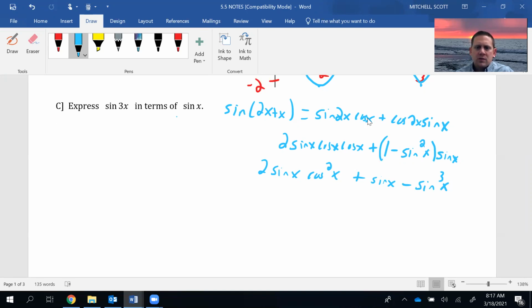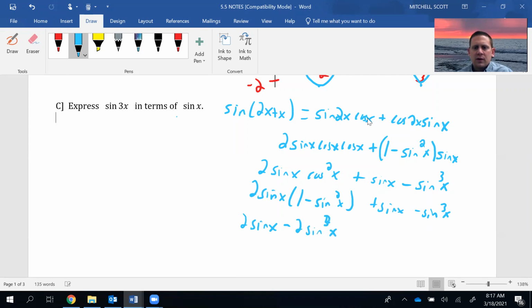That's okay. So now I need to get rid of this cosine squared. Well, if you remember, cosine squared is 1 minus sine squared. So let's distribute. So 2 sine x minus 2 sine cubed x.